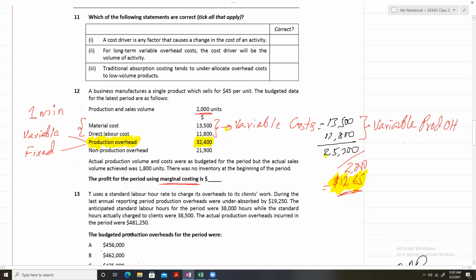So variable production overhead cost will be added to the other variable costs for inventory valuation.